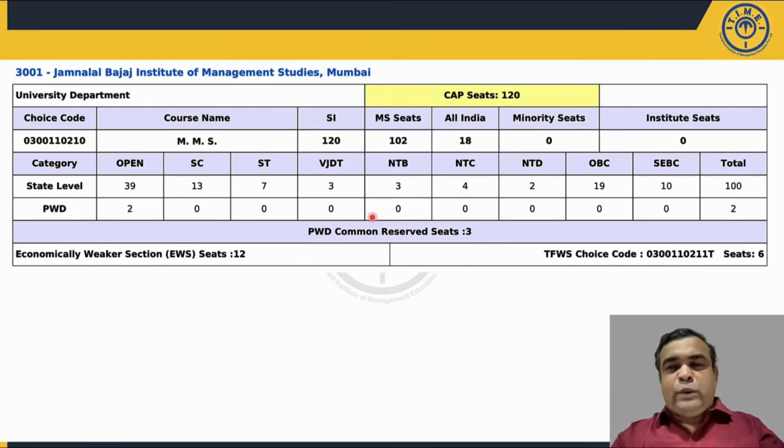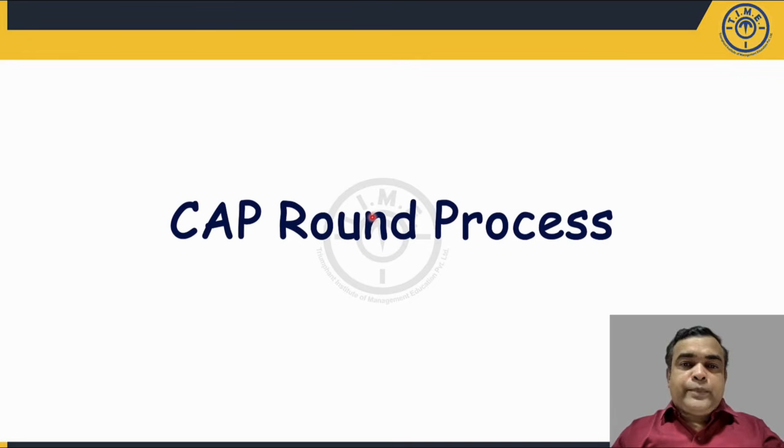When you are filling the option form, we'll see that part. Now let's look at the CAP round process. Your CAP round process will be conducted under 4 rounds: round 1, round 2, round 3 and round 4. For all the rounds, the schedule is out. Now it is time to fill the option form for CAP round 1.